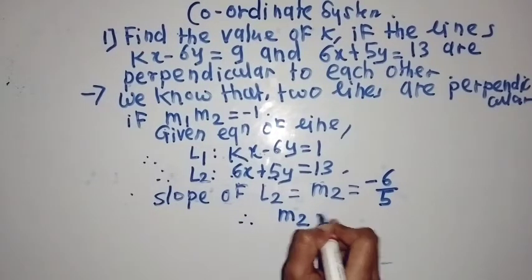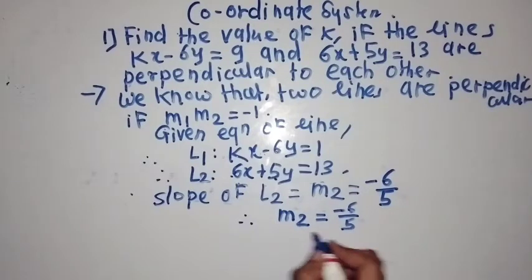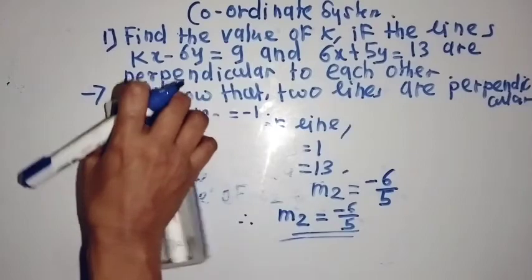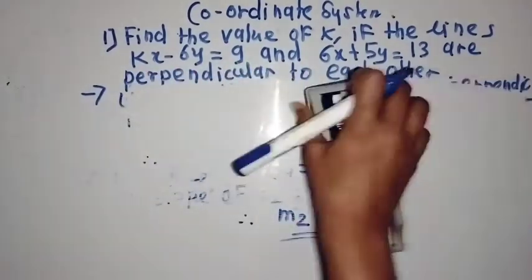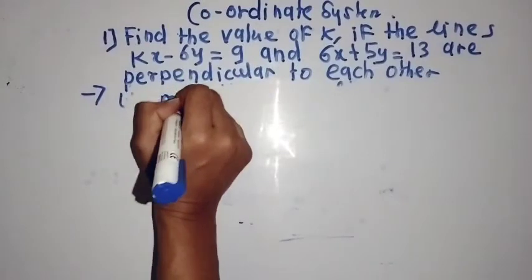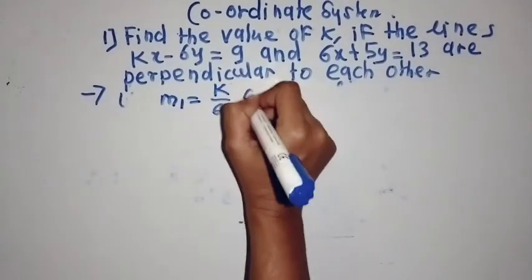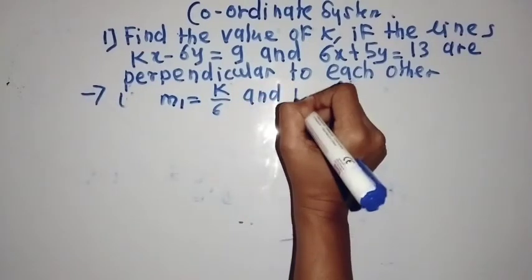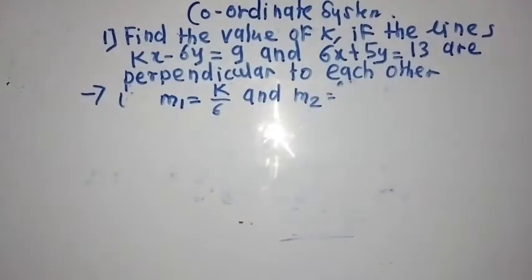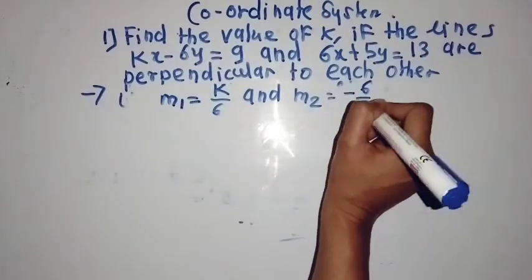Hence m2 is equal to minus 6 upon 5. Hence here we get m1 is equal to k upon 6 and m2 is equal to minus 6 upon 5.